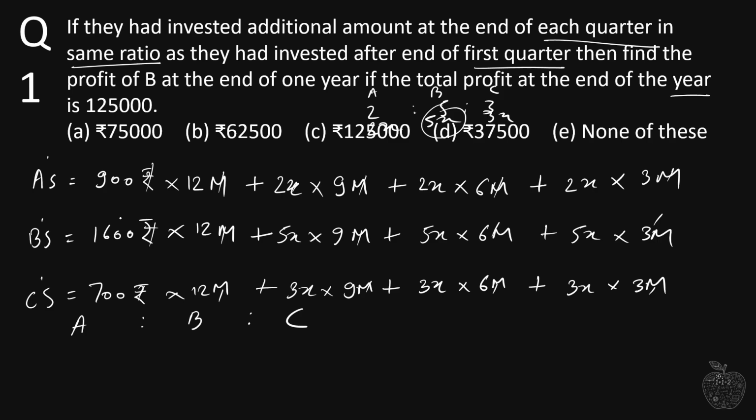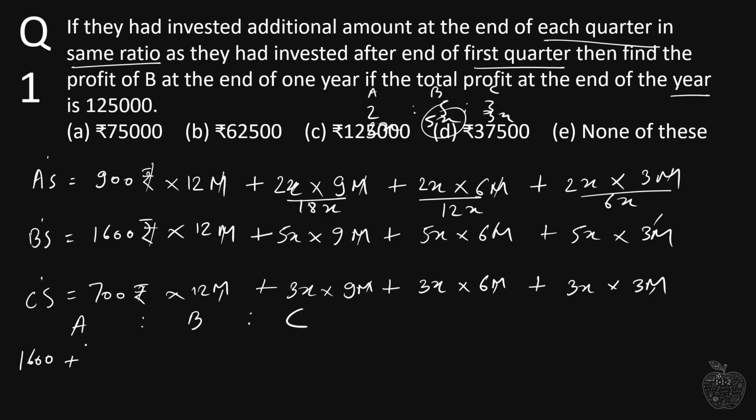So we are left with 900 into 12, and 9 into 2x will give me 18x, 6 into 2 is 12x, and 3 into 2 is 6x. 18 plus 12 is 30, and 30 plus 6 is 36.